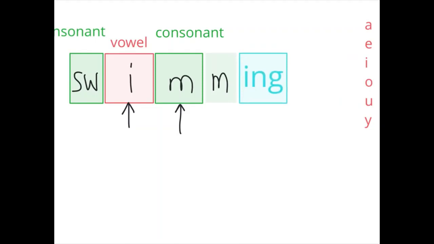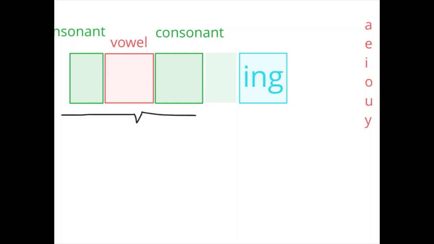Our question is, how do we know whether or not we need to double this final consonant? There is a trick to this, a rule we can follow. First, I am going to teach it to you for a word that has one syllable, and then I will teach it to you if there are more than one syllable.